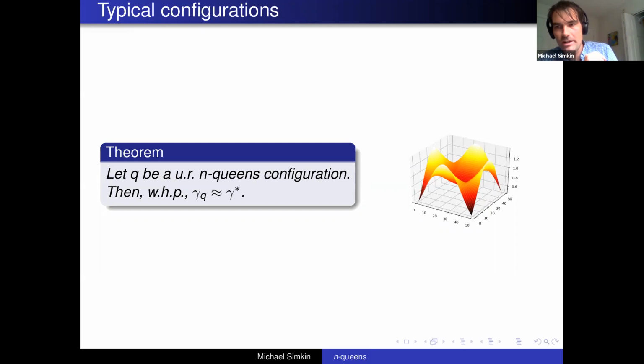One of the corollaries of the methods that I used is this theorem, which I skipped through, about the optimizing distribution of queens. If you take a random n queens configuration and ask how the queens are distributed spatially, it won't be a uniform distribution.